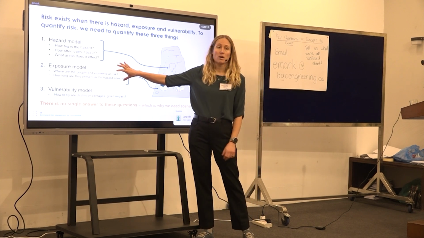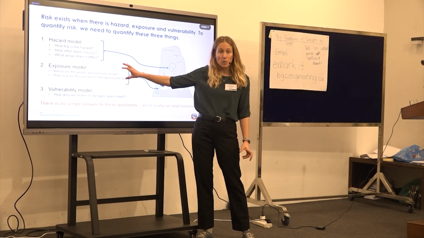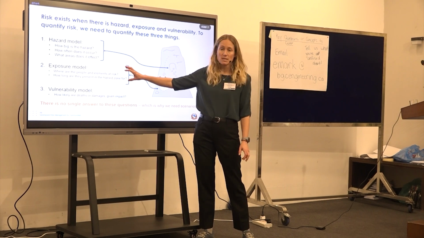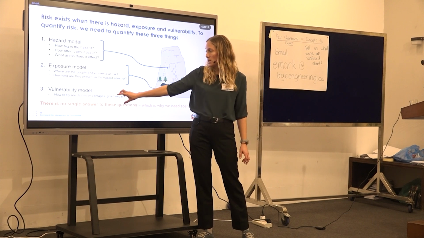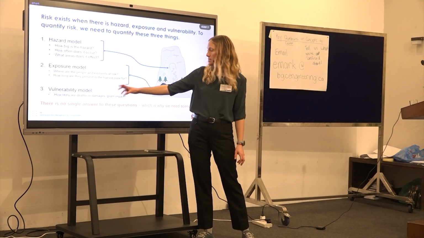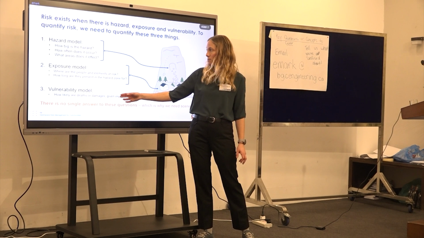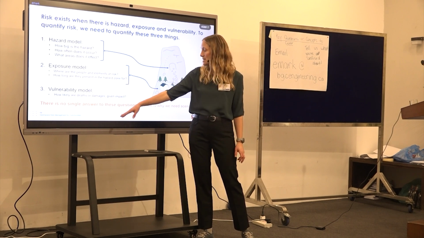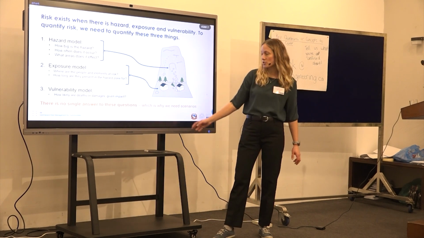Then we need to know where are the people or the buildings, the elements at risk, and how long are they there for? And then we need to know how likely are deaths or damages given impact. And there is no single answer to these questions.